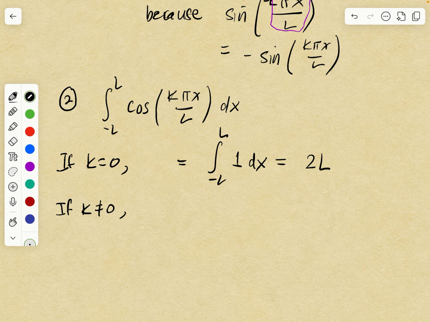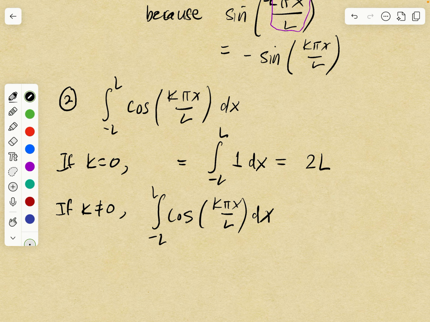On the other hand, if k is not 0, then to evaluate this integral you can use substitution. You could let u be k pi x over L and then do a substitution.